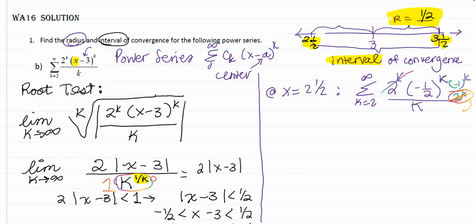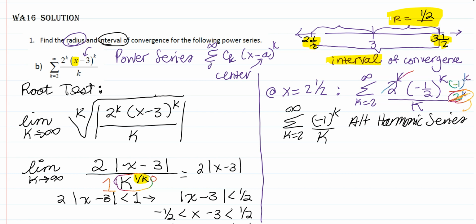Then what we really have is just this: the series from k equals 2 to infinity of negative 1 to the k power times 1 over k. This is an alternating harmonic series. An alternating harmonic series converges.